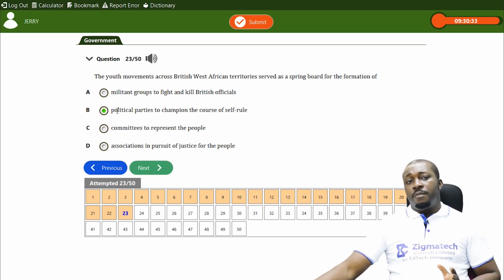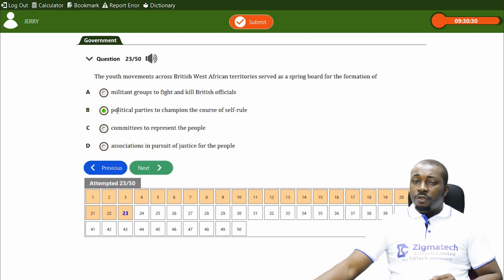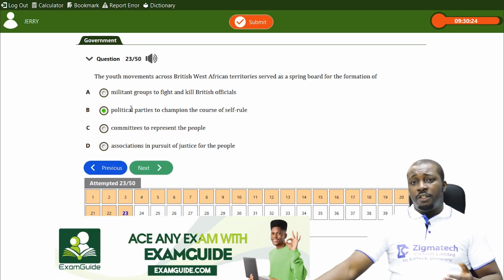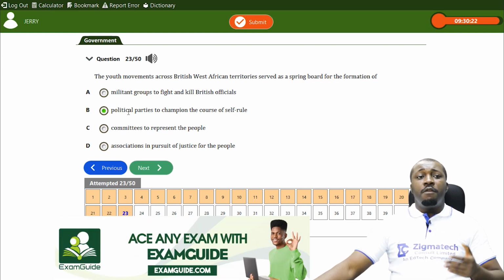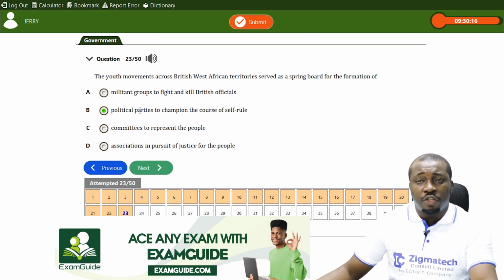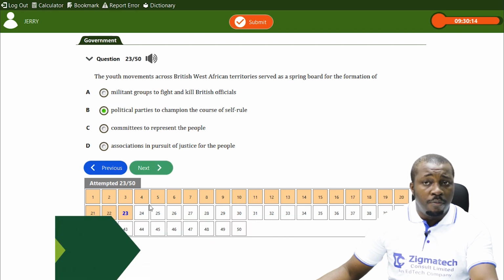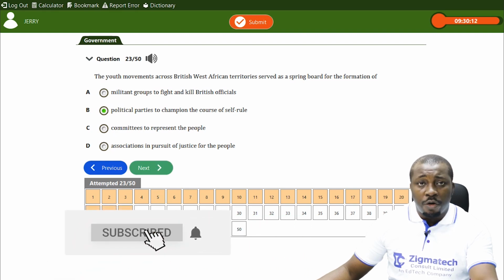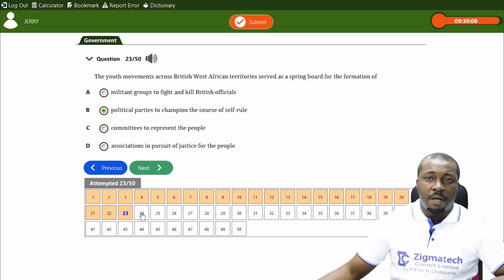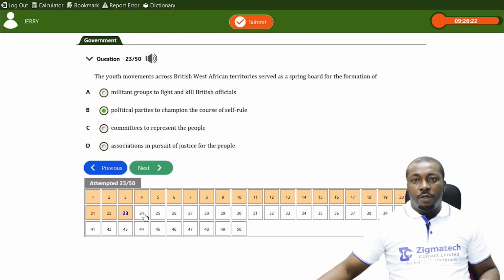The Lagos Youth Movement metamorphosed into the Nigerian Youth Movement, the second political party that came into existence in Nigeria in 1935. So even Egbe Omo Oduduwa that metamorphosed into the Action Group is also a youth movement, a cultural group for the preservation of Yoruba culture. So look at this next question.